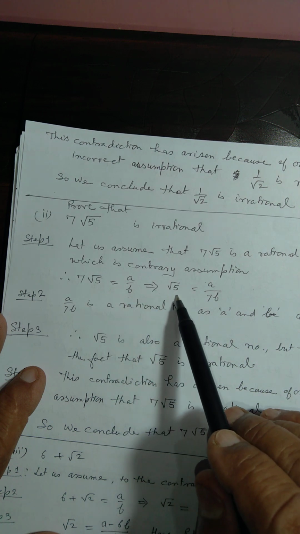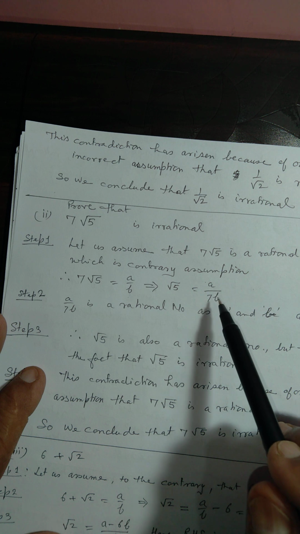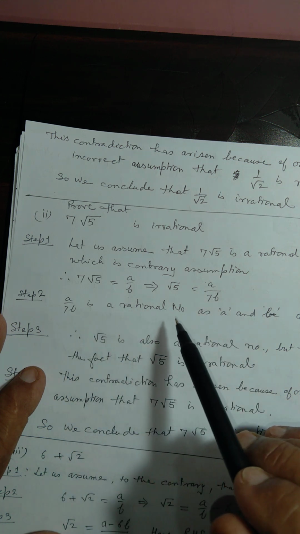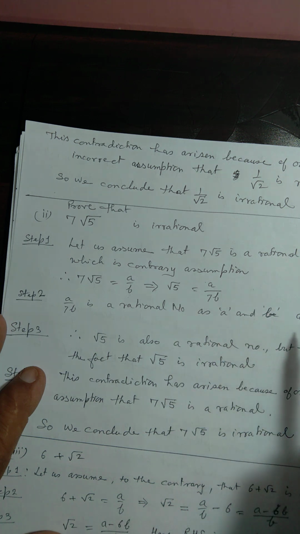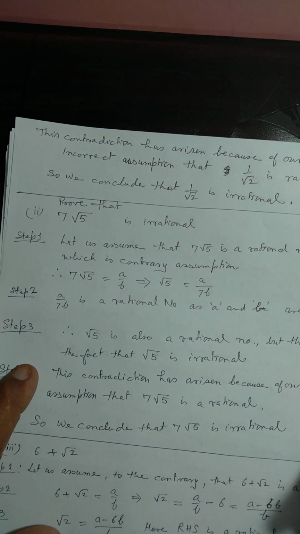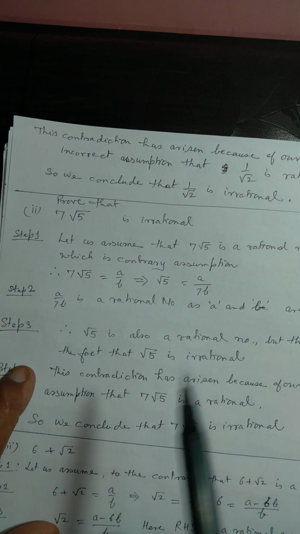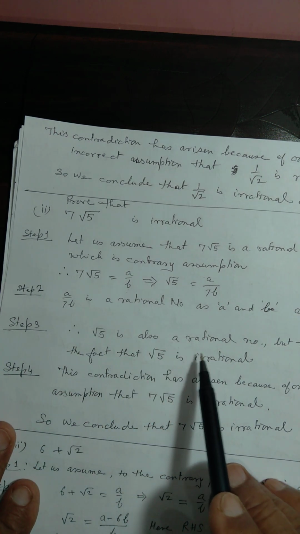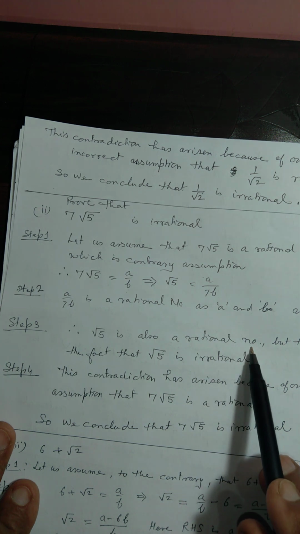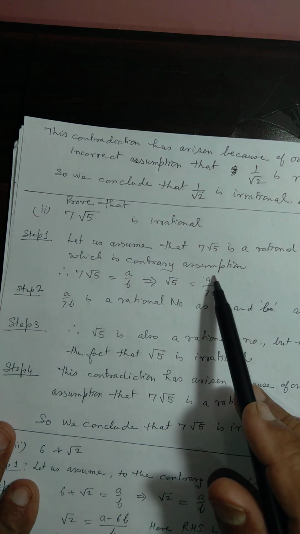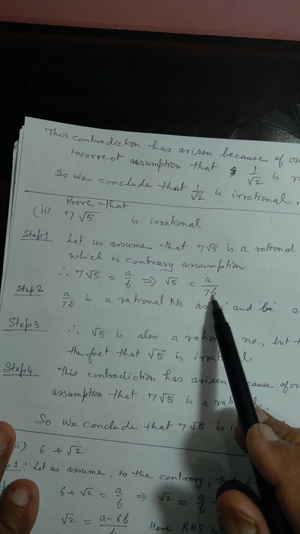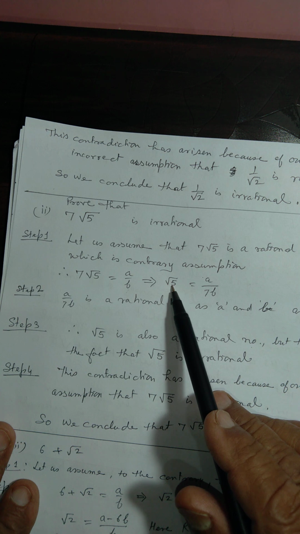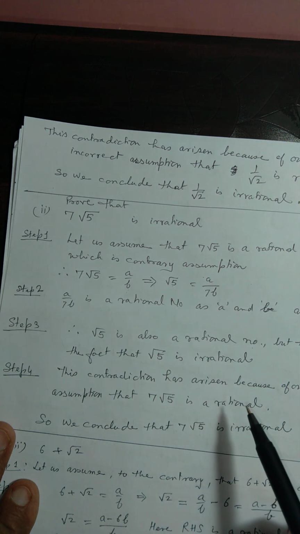This means that root 5 is equal to a upon 7b. Now a upon 7b is a rational number as a and b are integers. In step 3, therefore, root 5 is also a rational number. Once the right hand side is rational, the left hand side will also be rational.